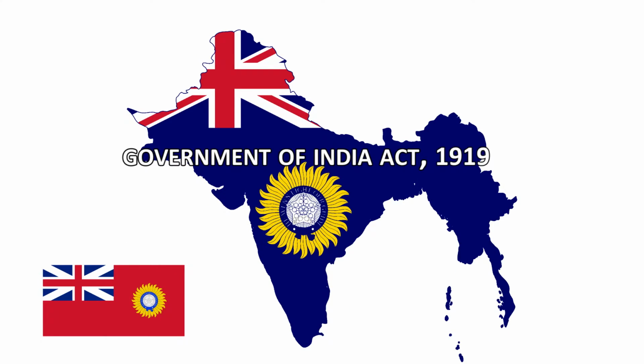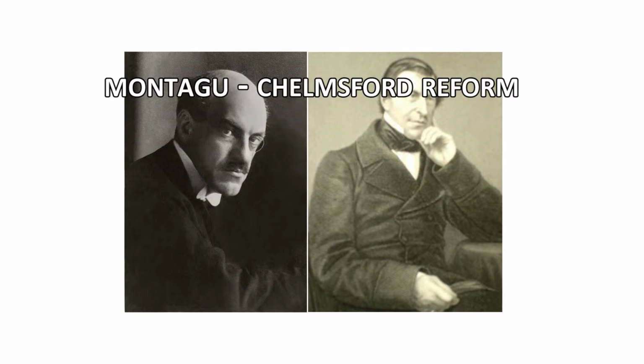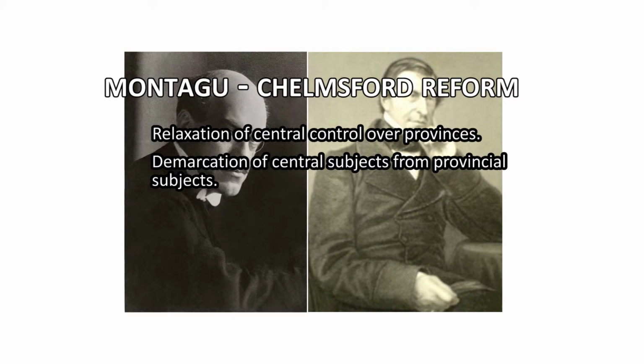After the Indian Council Act 1909 came the Government of India Act 1919. This act was also known as Montague-Chelmsford Reform. Under this act, there was relaxation of central control over the provinces. There was demarcation of central subjects from the provincial subjects.